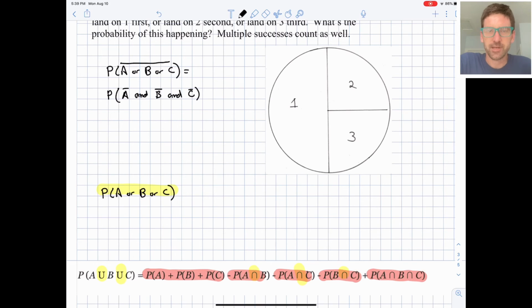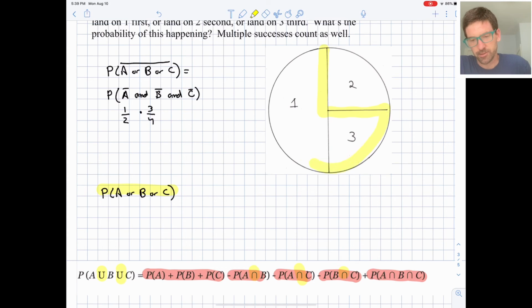So what's the chance of not landing on a 1 in the first spot? It's 1 out of 2, because that's our zone of not landing on 1, right? And then we're going to multiply. What's the chance of not landing on event B, a 2 in the right spot? That's 3 out of 4.